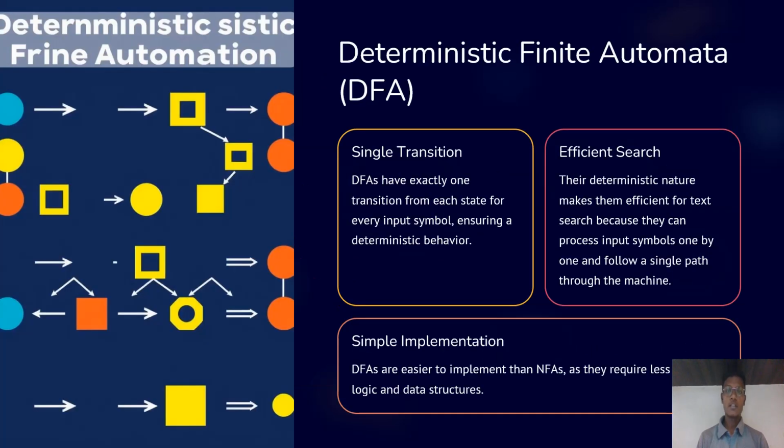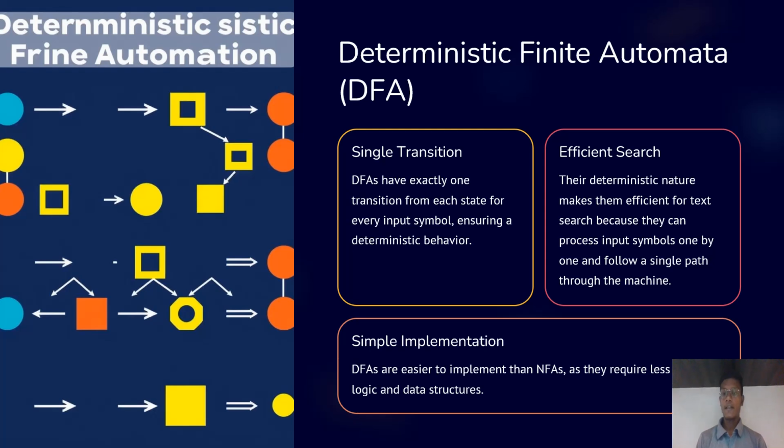Next one is deterministic finite automata, DFA. Single transitions: DFA has exactly one transition from each state for every input symbol, which ensures deterministic behavior. This is a single transition. Next one, efficient search. In deterministic finite automata, the determinism makes them efficient for text search because they can process the input symbols one by one, following a single path through the machine.